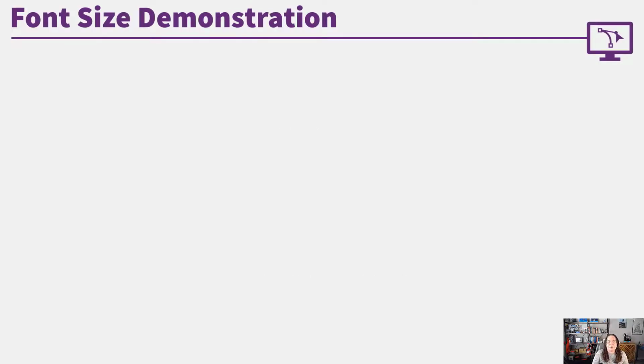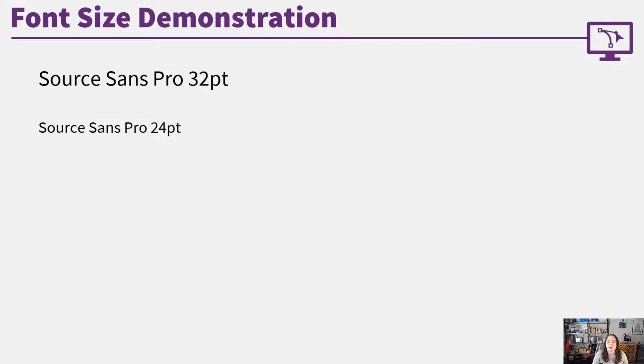So let's check out different sizes using my Source Sans Pro font. This is 32-point. This is what you'll see through most of my slides. Nice, easy to read, and because this has fairly thick lines, you don't have to squint at it very much, really, even if you go down to 24-point. That's my minimum, that 24-point.